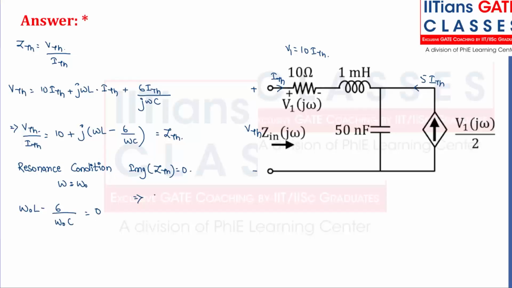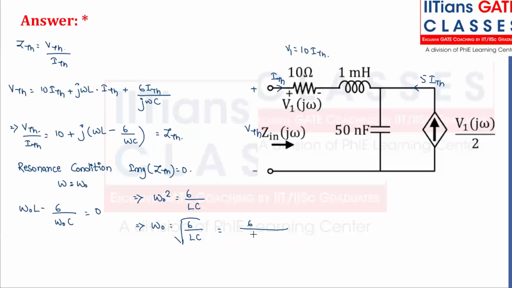That means omega naught square is equal to 6 by LC, so omega naught is equal to square root of 6 by LC.